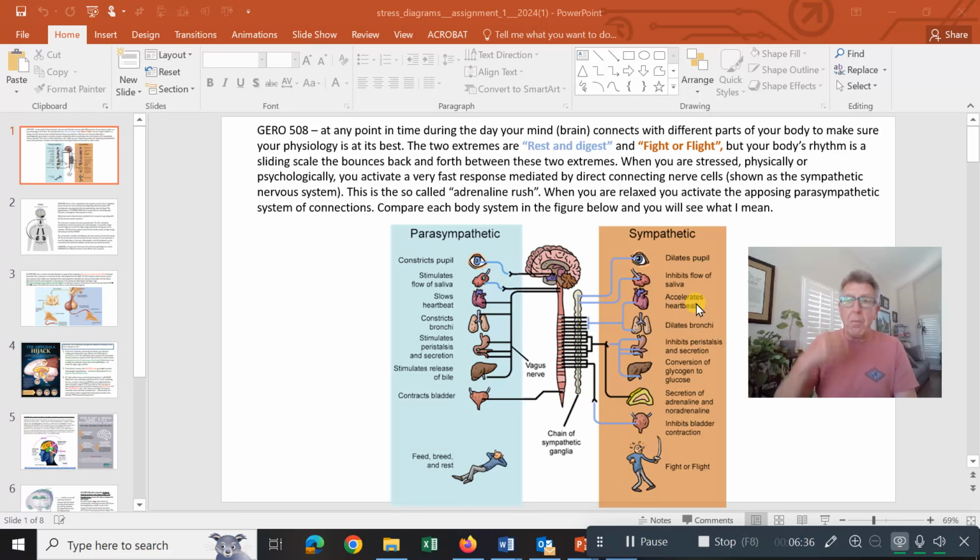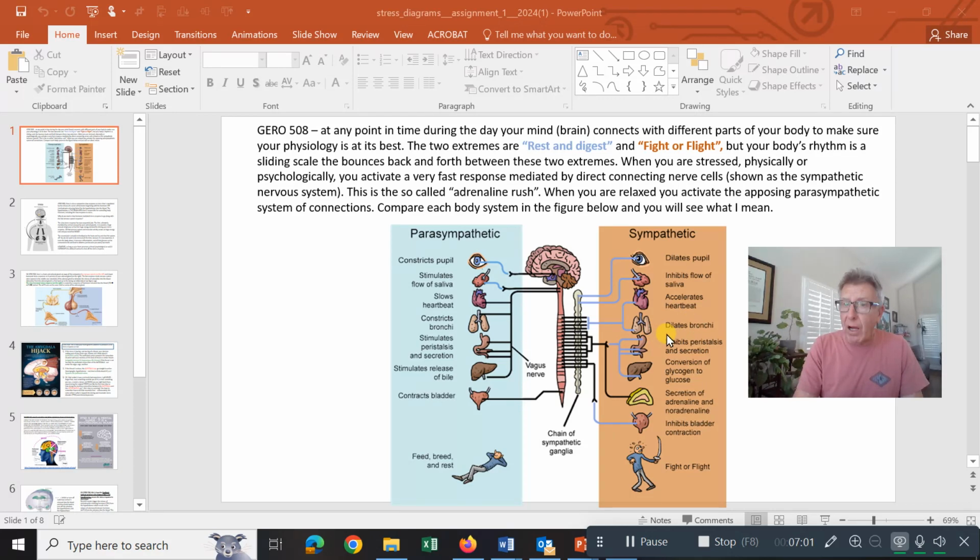Now, we're getting all the blood out there, okay? That blood needs to be oxygenated and it needs to have a lot of glucose in it because what we're basically asking the body to do is to produce energy, okay? Internal combustion engines, where we're going to combine oxygen with glucose, and when we burn through the glucose, oxygen with fat, okay? All right, so how does this all work, okay?